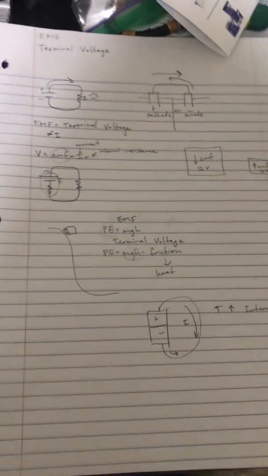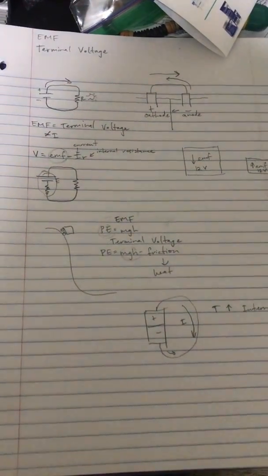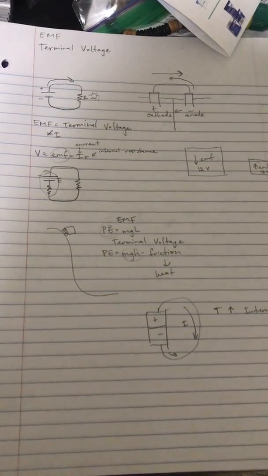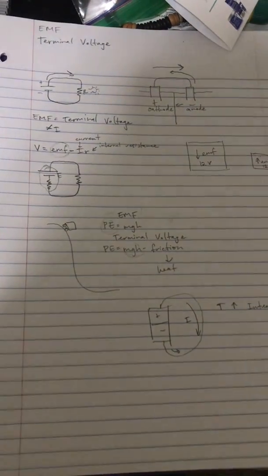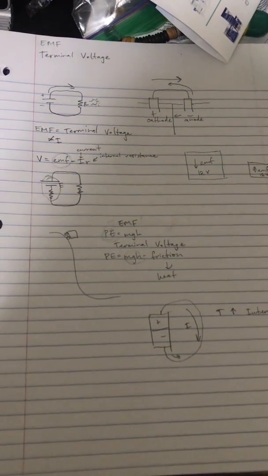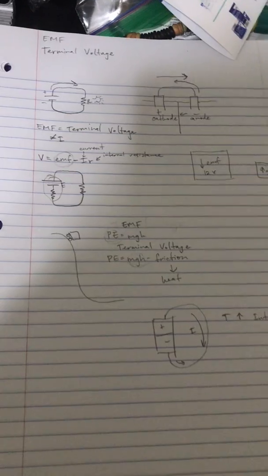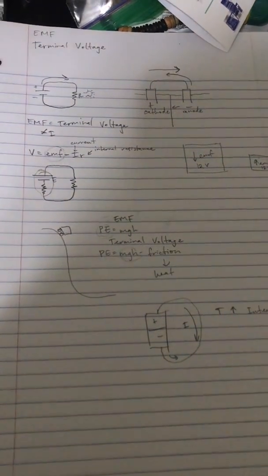So as an overview, we talked about EMF and terminal voltage. EMF is your theoretical yield of how many volts you get, whereas terminal voltage is the actual amount of volts you get flowing into the system.